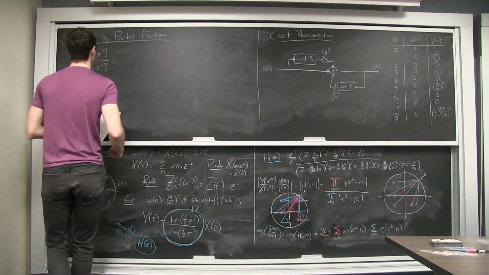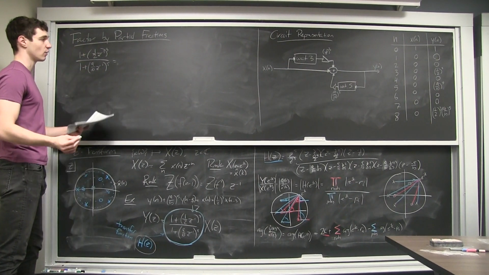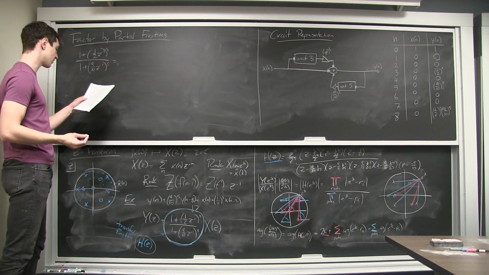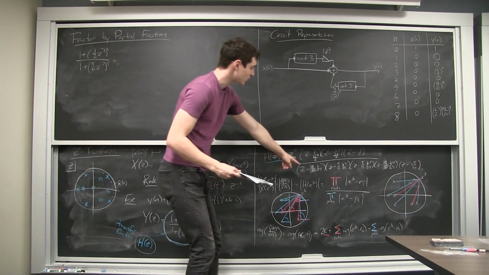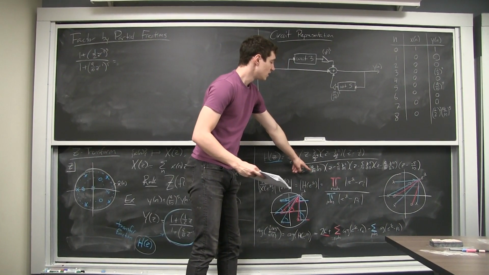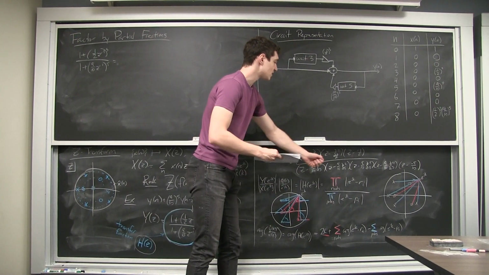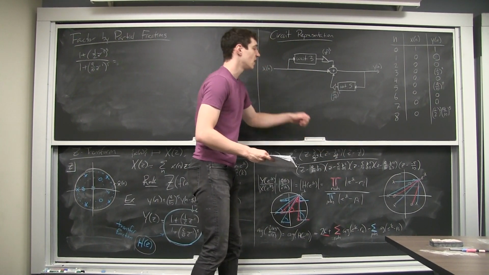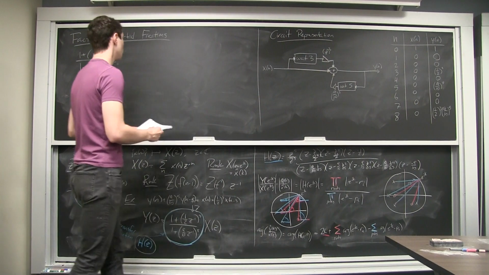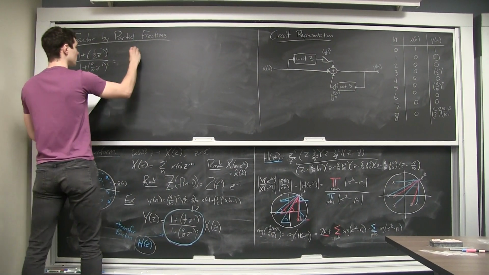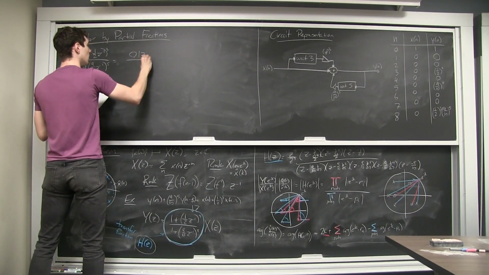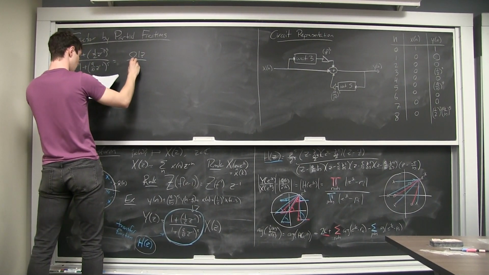But another way that we can do it, and the way that's relevant for the application that I'm thinking of here, is to pair up the conjugate poles down here so that everything has real coefficients downstairs. And so when we factor by partial fractions, we get real coefficients throughout. Okay, so when we do that, I'm just going to write a bunch of numbers.